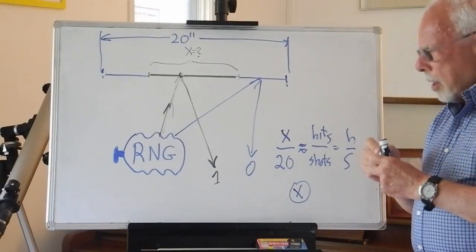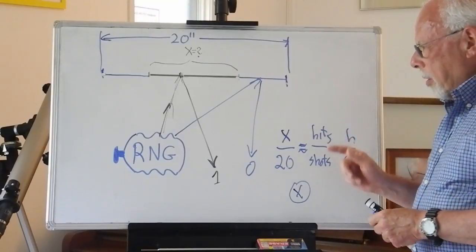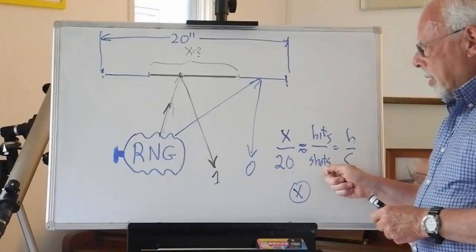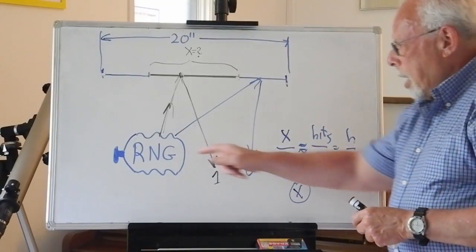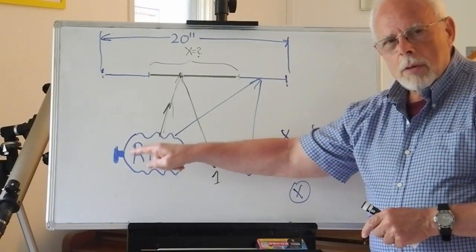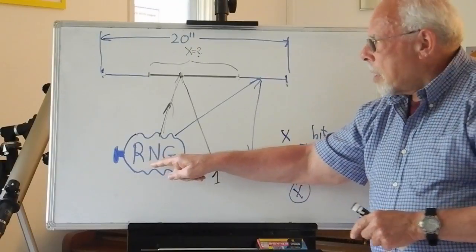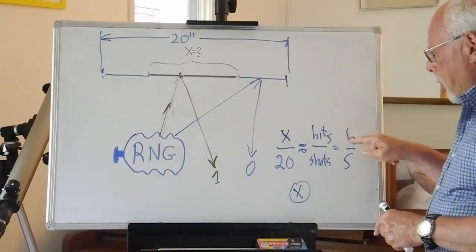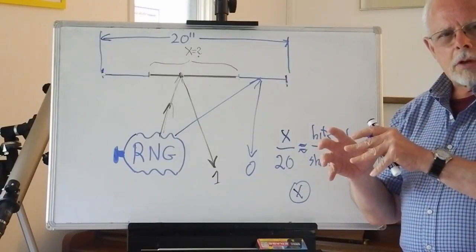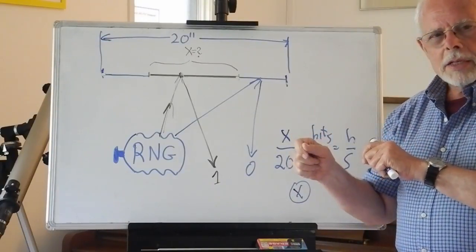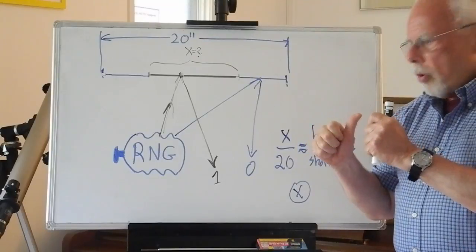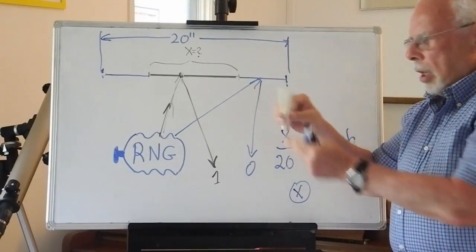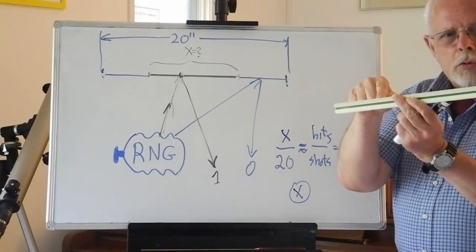And the amazing part here is that the more times I push this button, this ratio gets closer and closer to the value of x. Before, when I use the ruler, it depends on the accuracy of the ruler.